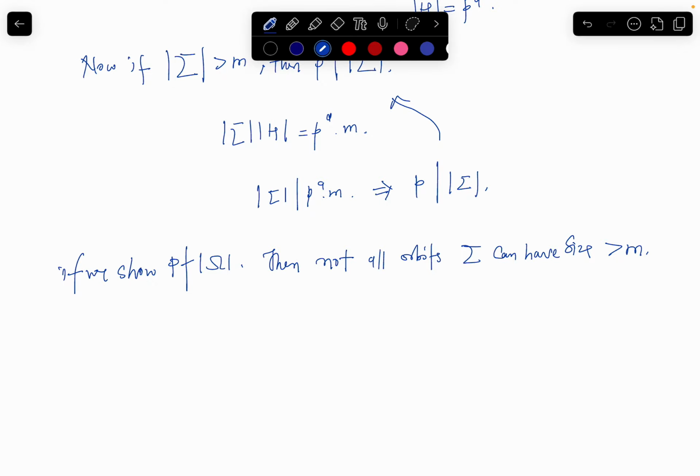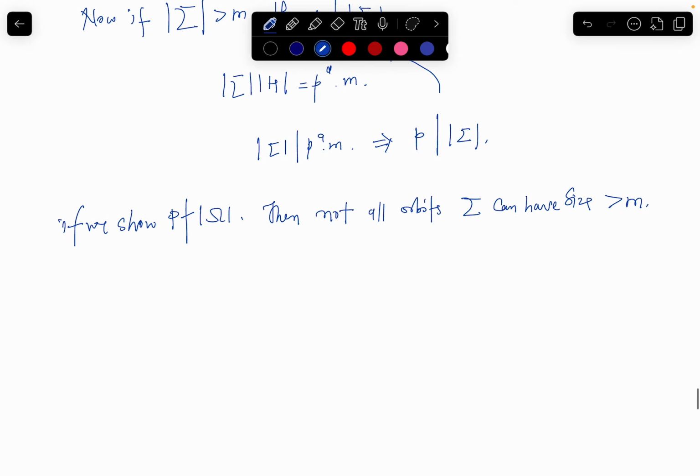So we have to show that p does not divide the size of omega. To do that, we try to count how many elements there are in omega. These are collections of sets. So among the order of G, the number of ways of picking p power a elements, but the size of G is p power a m, and that's p power a.